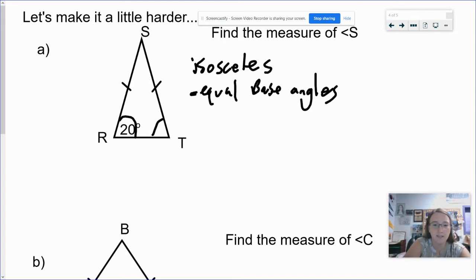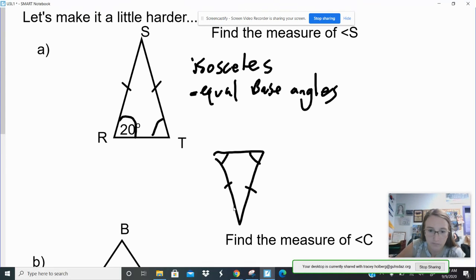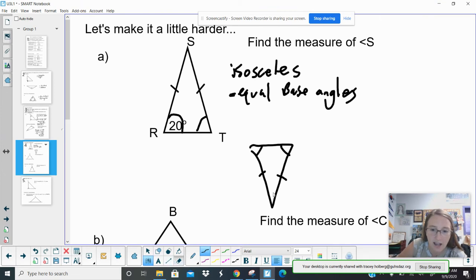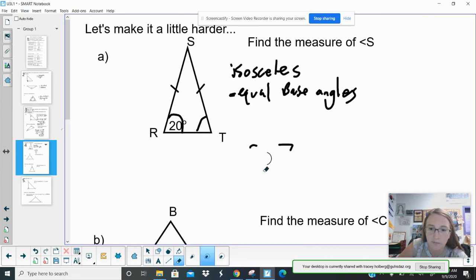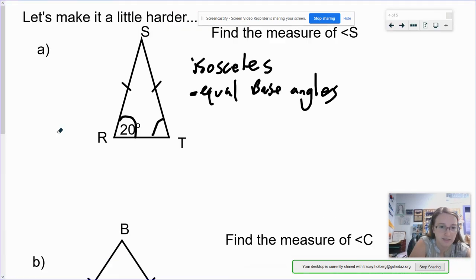So like if I flipped this, and here are my congruent sides, these are my base angles at the ends of my two congruent sides. So because this is an isosceles triangle, we know that if this is 20 degrees, this is also 20 degrees.